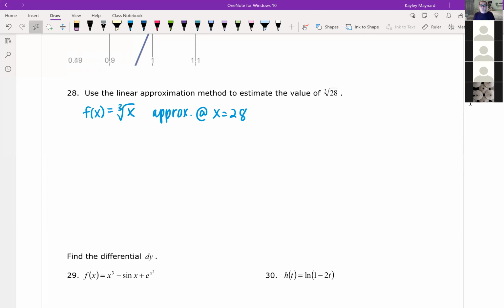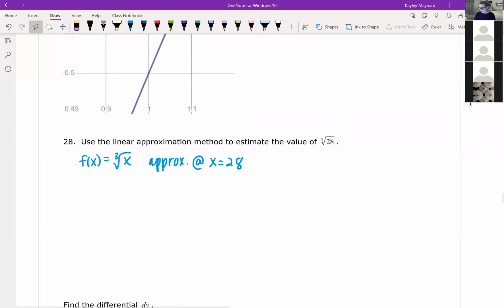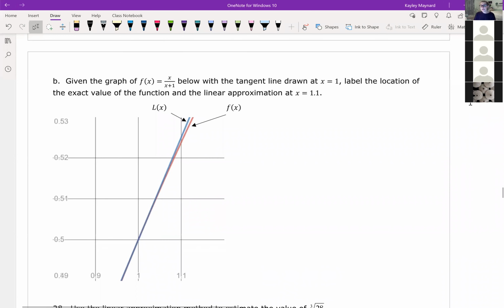So it says to go ahead and find the tangent line at some point that is very close to 28. Like in the one above it, you're told to do a linear approximation at 1.1. And so you find the tangent line at 1. So you usually just pick a value that's close to what you're being told to approximate.